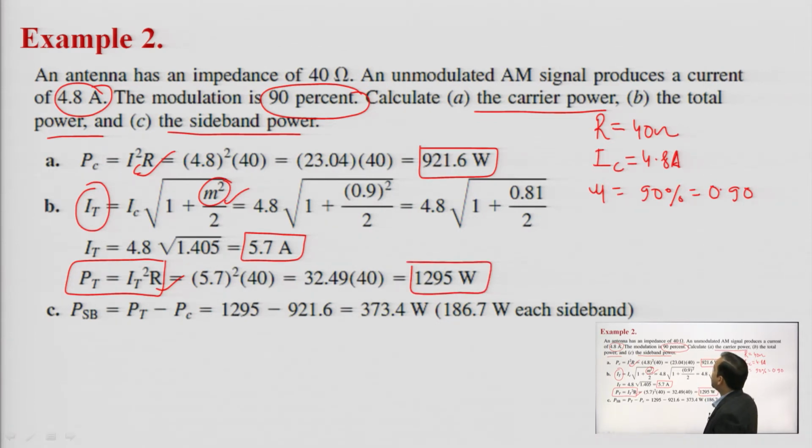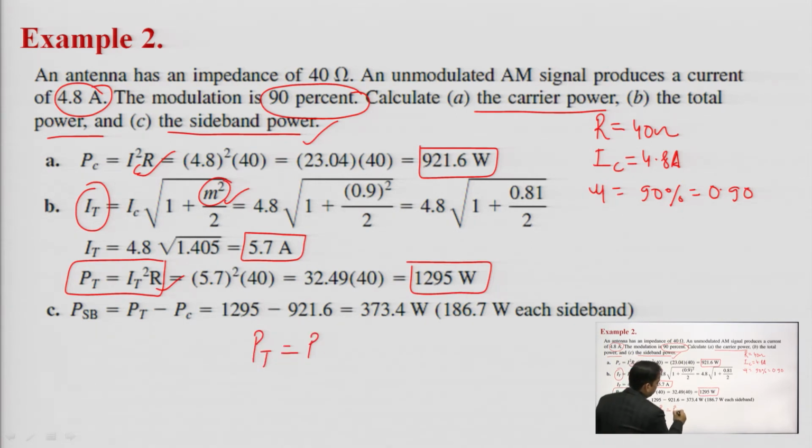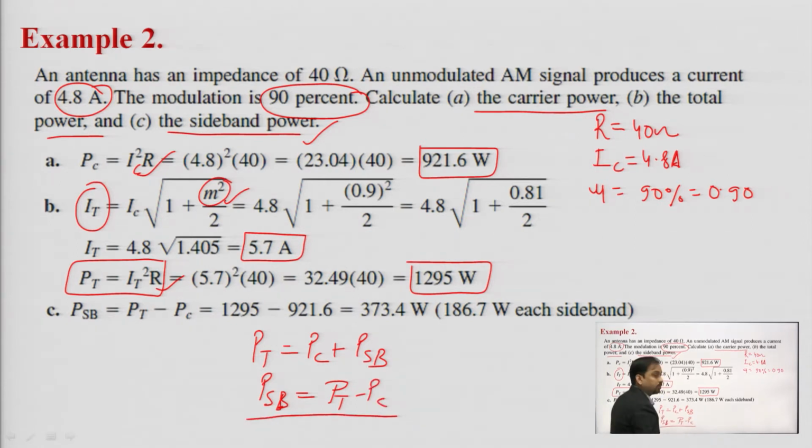Now the question says calculate the sideband power. As we are aware, the total power PT equals PC plus PSB, so the sideband power is PT minus PC. PT was 1295 watt, PC was 921.6 watt.